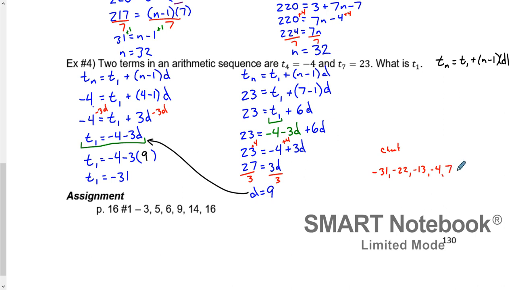That should be, no, that's 5, sorry. I'm getting ahead of myself. 5, then 14, then 23. There we go. Term 7 is 23, so there's our little check.